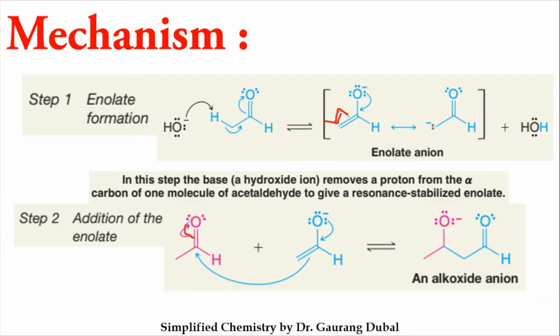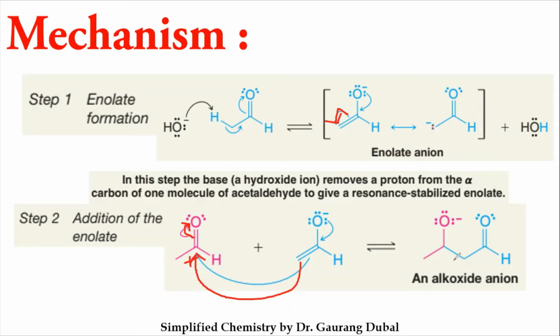So oxygen will get negative charge, and the positive charge will create a bond between this carbon and this carbon. Sorry, that's a mistake. You can see that this carbon will donate its electron to here, right?